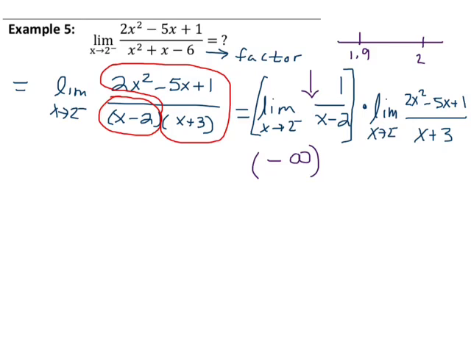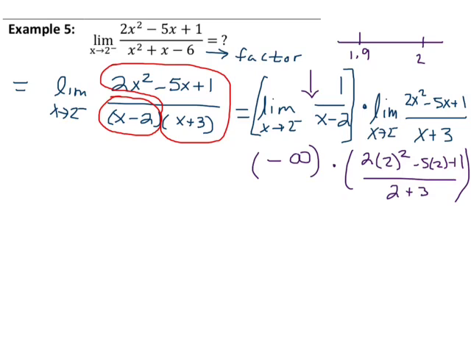Now when we plug in 2 up here on the next limit, as x approaches 2, let's just plug in 2 in general. We're going to have 2 times 2 squared minus 5 times 2 plus 1 over 2 plus 3.